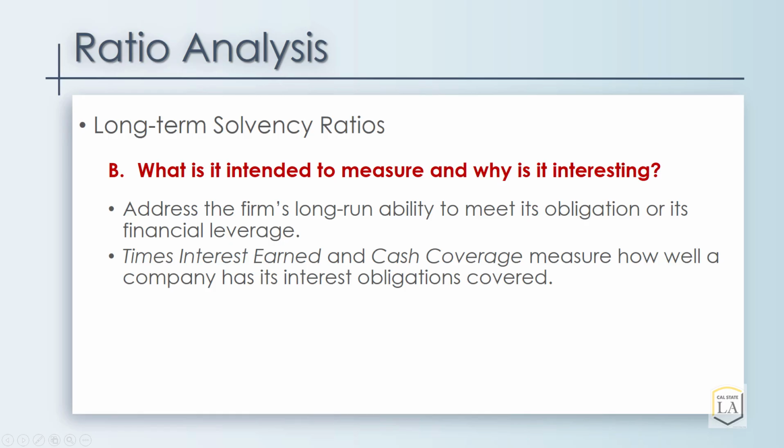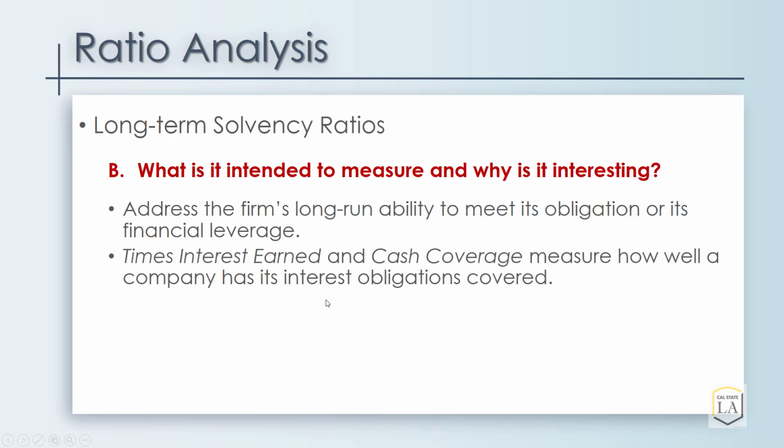So it's just focusing on the amount and the proportion of liabilities, whereas the second group, times interest earned and cash coverage, they are trying to measure a firm's ability to be able to cover its interest obligations.